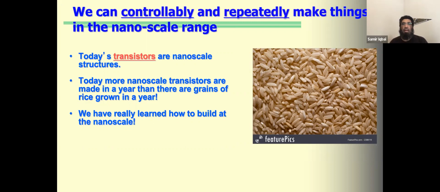Think about it. Every person buys maybe a cell phone every year. We buy gadgets, headphones, earphones, I don't know, every month we buy electronics. These electronics all have transistors, all have these nanoscale chips in them. So we are building these things so many, so fast, and we are measuring them. That's where we are. And it continues to grow.